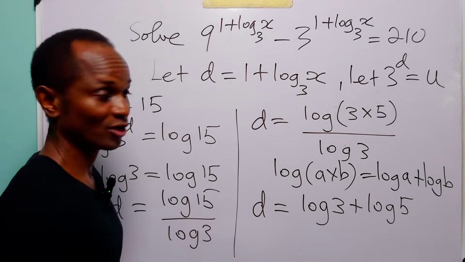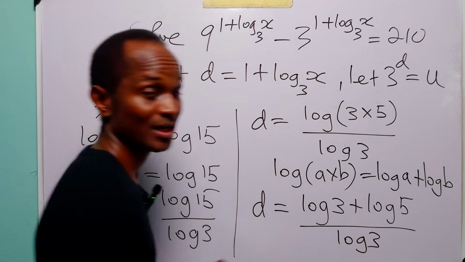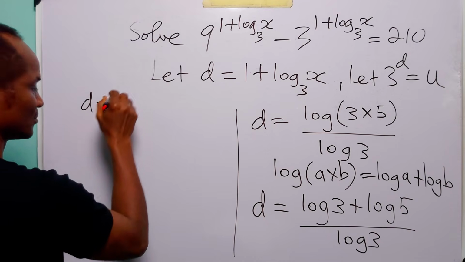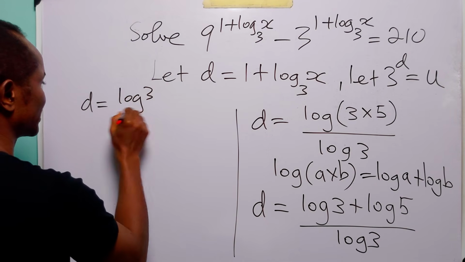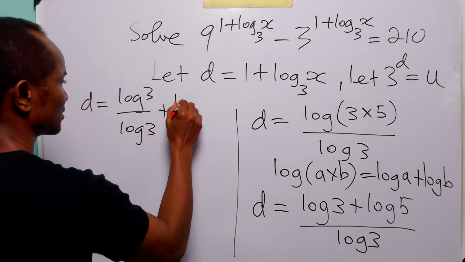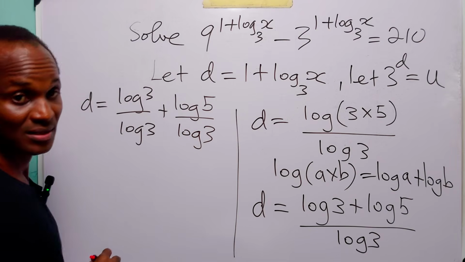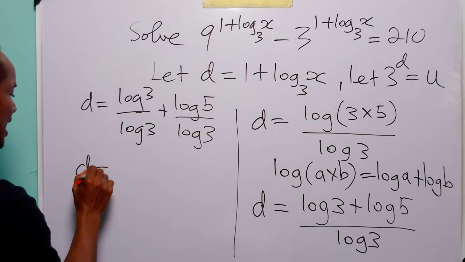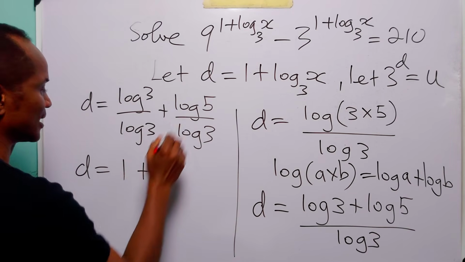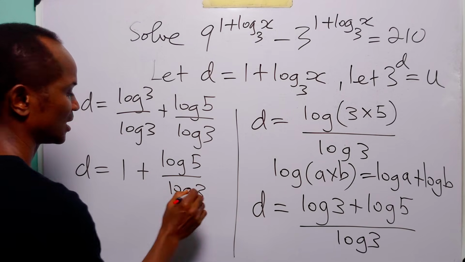And of course, we still have the denominator as log 3. Of course, you know that you can write this as log 3 over log 3 plus log 5 over log 3. And of course, you know that log 3 over log 3 is equal to 1. And here we have log 5 over log 3.